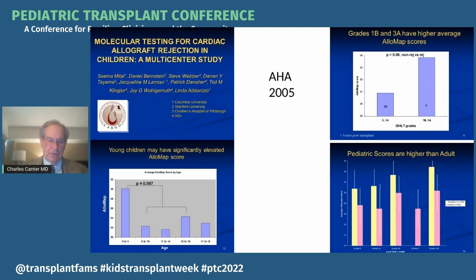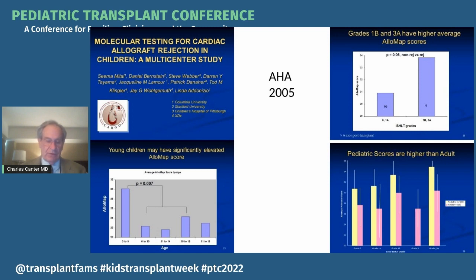This study showed what's a long-standing saying in any pediatric situation: children are not young adults. This proved that, with gene expression profiling, that was true. They were not young adults.